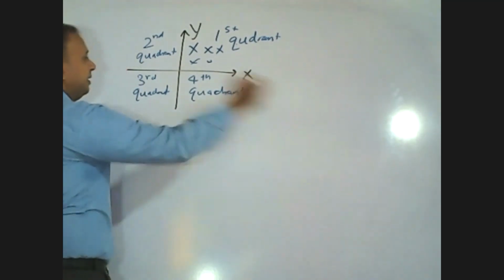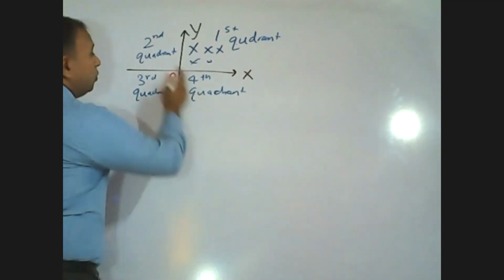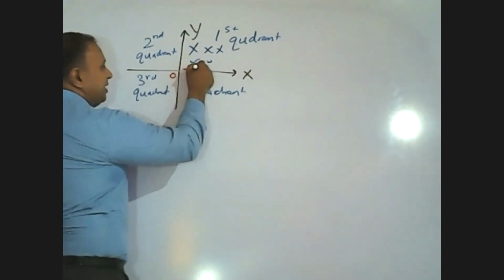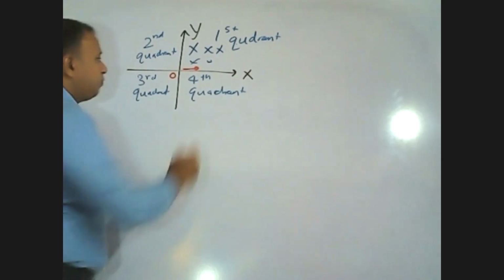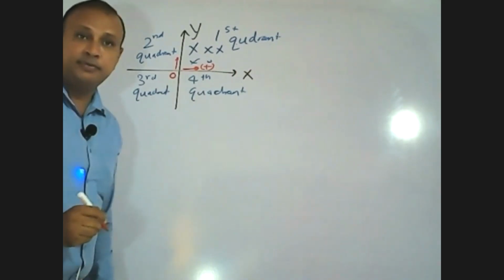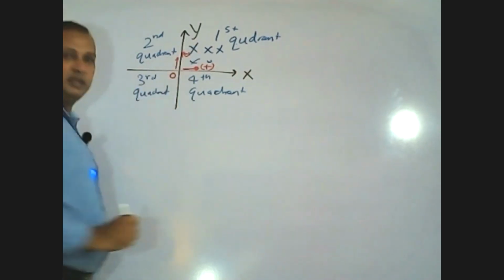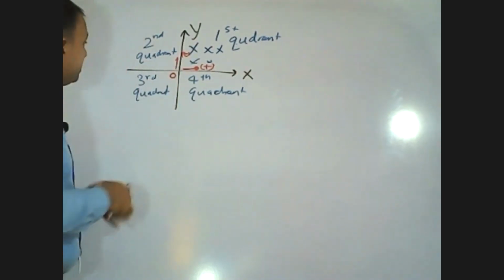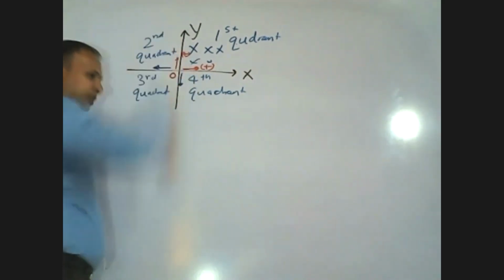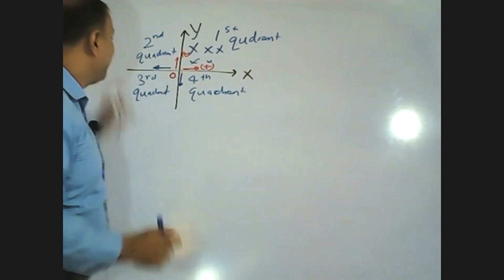As you know, from the origin, the right hand side of the x-axis is positive, and the upward direction of the y-axis is also positive with respect to the origin.